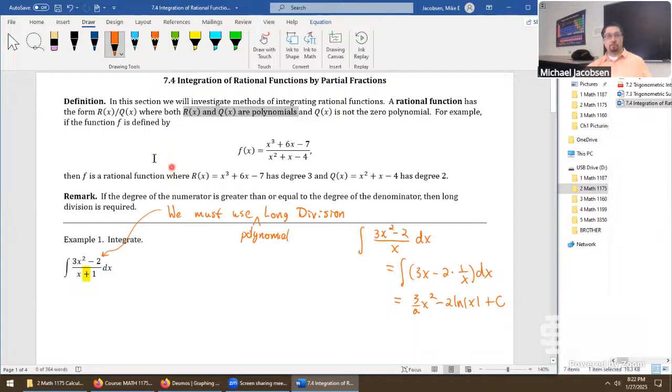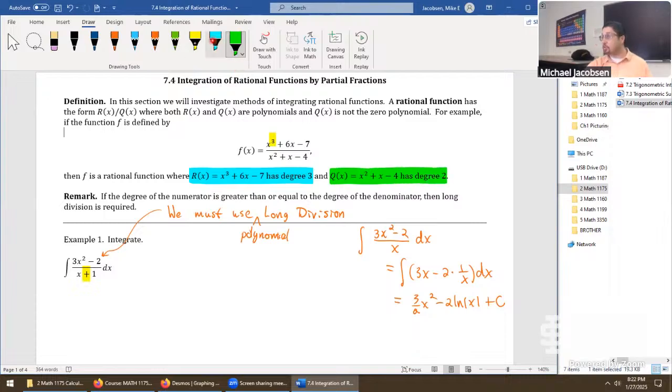Okay, so a rational function has to look like this, r of x divided by q of x. And the moment we say that, we're really concerned about the degree. The numerator of this rational function has degree 3, just because of that part right there. It's the highest degree term in that numerator. Q of x has degree 2 because of this position.